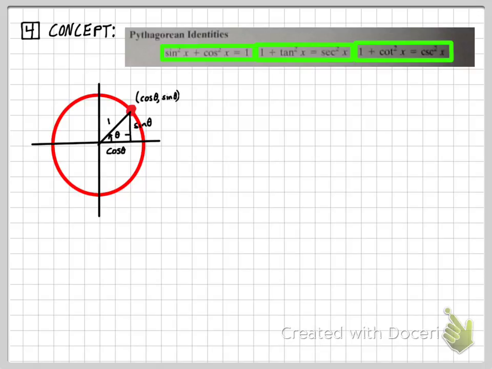It should follow very logically from the Pythagorean theorem that the leg cosine, when you square that, and you add it to the leg that's sine, and you square that, you should get 1 squared. So that's really just an example of the Pythagorean theorem. A very useful way to remember that Pythagorean identity.